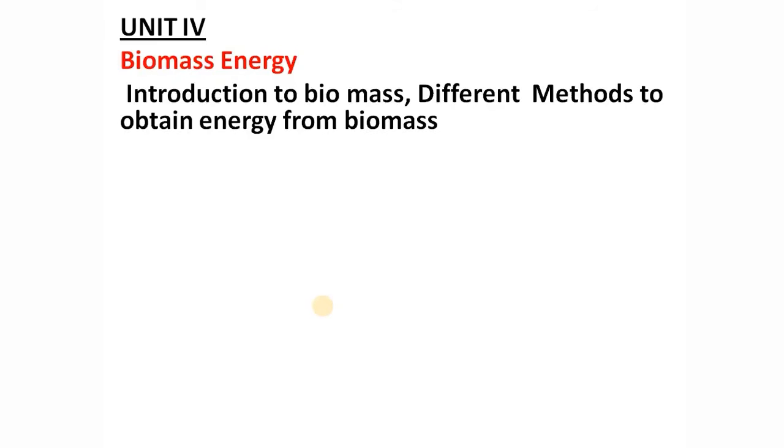Using such biomaterials, wood for example, you can produce very useful, very costly secondary sources. For example, certain biofuels are there, like alcohol, biodiesel. Similarly, from certain wood materials, you can produce certain gas.